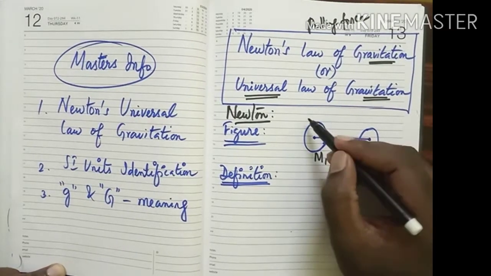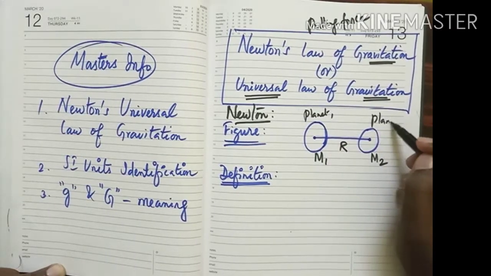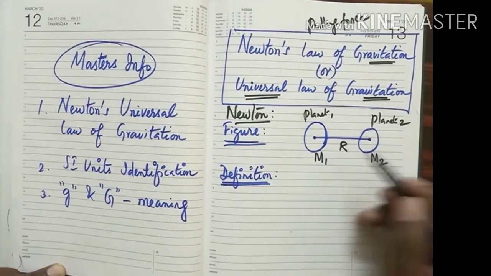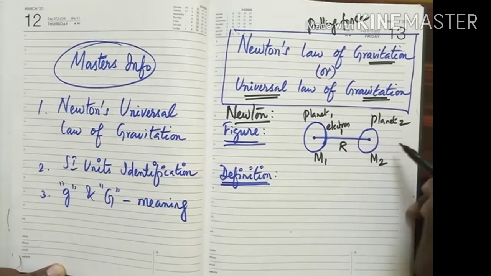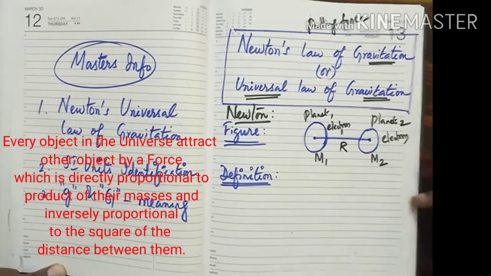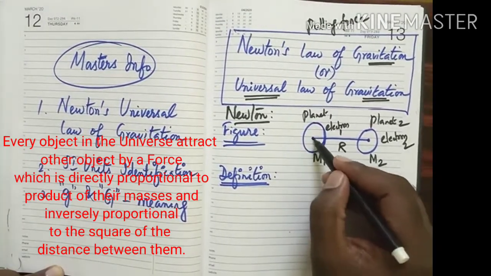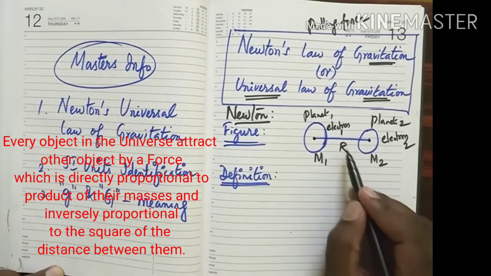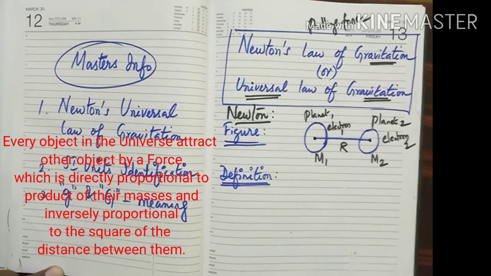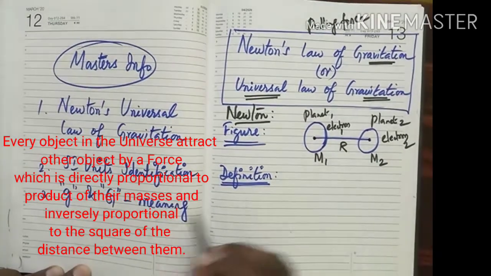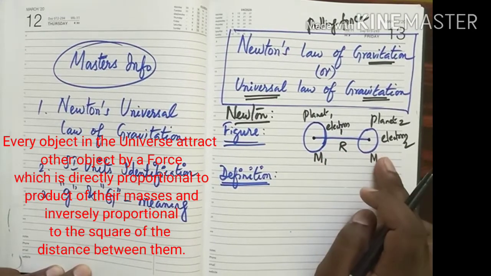You can consider it as planet 1 and planet 2, or object 1 and object 2, or electron 1 and electron 2, whatever it may be. We are considering two objects whose centers are separated by a distance of r and whose masses are m1 and m2 respectively. What Newton says is that every object in the universe will attract another object.